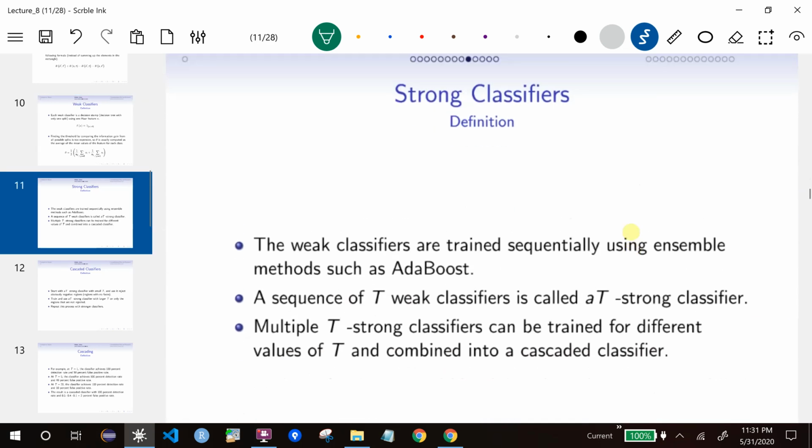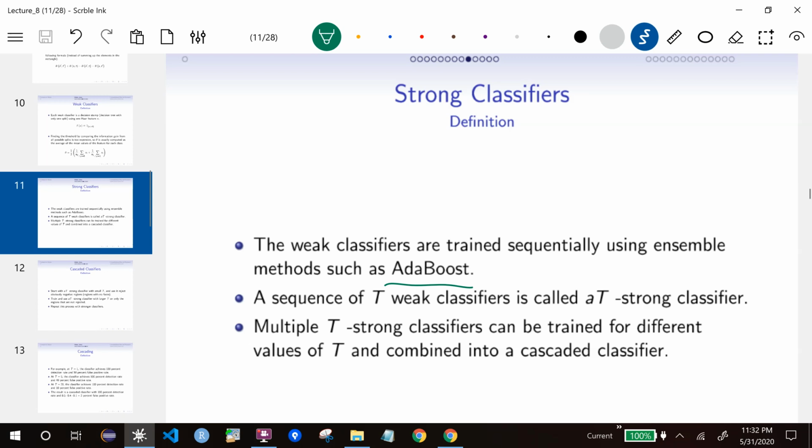And as I promised, we're going to combine them. So we're going to use adaptive boosting. I'm not going to repeat the whole thing, but I'll briefly talk about it again. We start with one weak classifier, and for the next one, we focus on classifying the things that are classified incorrectly by the previous classifier, and we keep doing that.